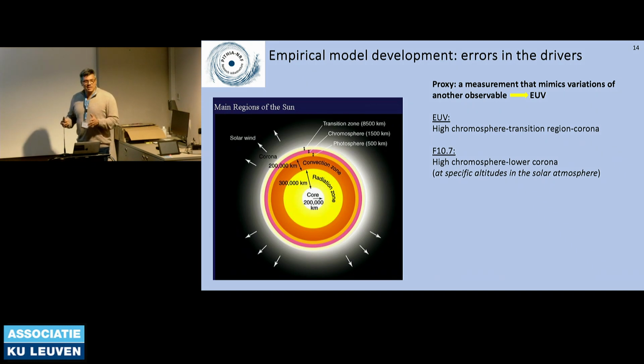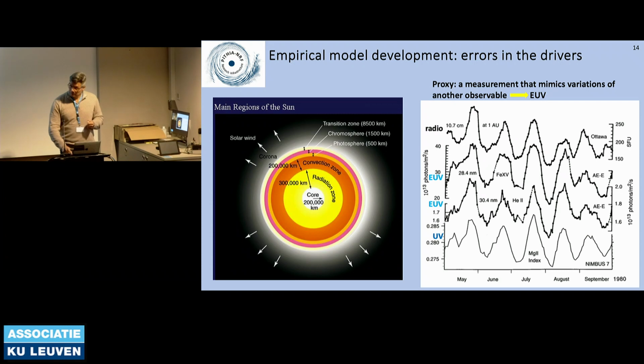Let's say these proxies work because they're actually produced more or less at the same altitude in the solar atmosphere. So they come from the chromosphere, lower photosphere. So they're all generated at more or less the same solar altitude. That's what we're looking for.